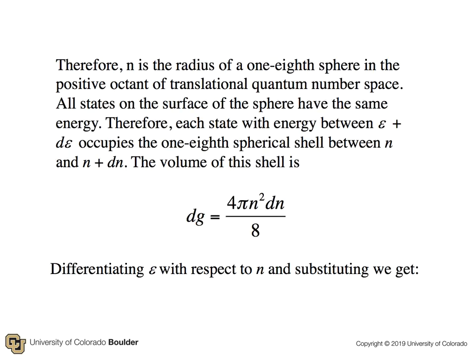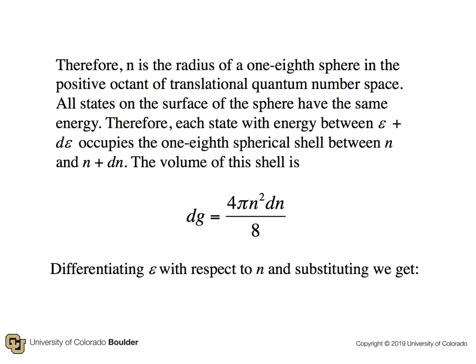So it turns out that n is the radius of a 1/8 sphere in the positive octant of translational quantum number space. In other words, if you take an XYZ Cartesian coordinate system and make a point where x, y, and z are positive, n is the distance to that point from the origin of the coordinate system.